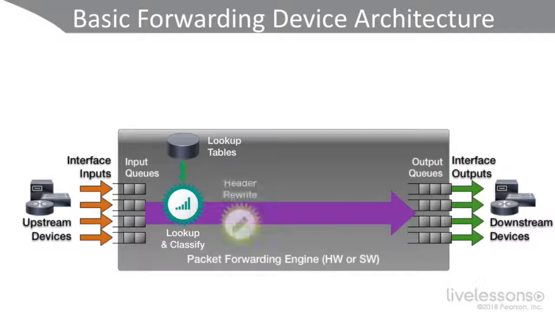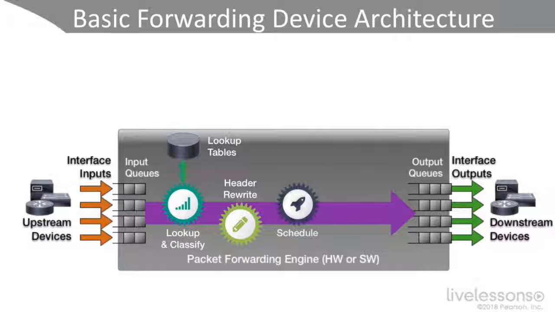The next stage in the packet forwarding pipeline is header rewrite. Routers strip off all of the information that's at layer 1 and layer 2, then they look at the information in layer 3, and then they rewrite the information in layer 2 and below at each hop. So that's the header rewrite step. And the step after that, we have to figure out exactly how we want to schedule our packets.